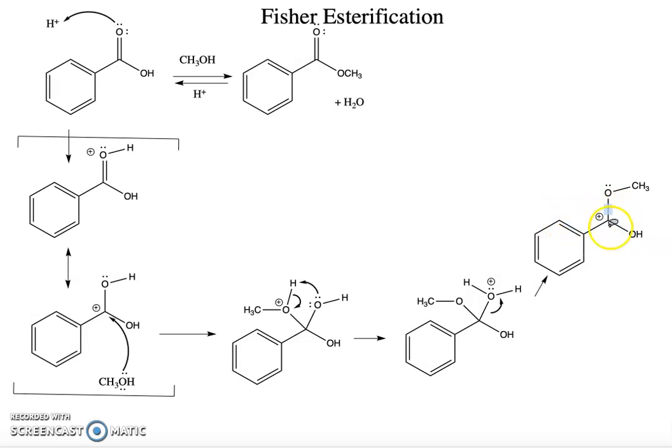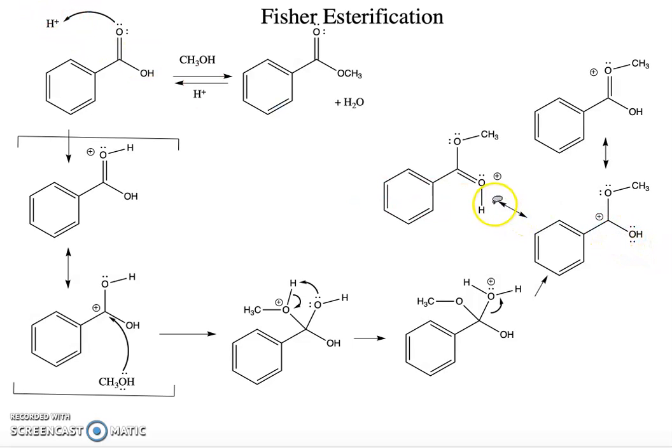Now this carbocation, I can draw a couple of resonance structures for it. The first one I'm going to draw has the electrons on the oxygen forming a double bond. More specifically, the electrons on the oxygen that has the methyl group on it. And for the second one, I'll use the pair of electrons on this oxygen to make the double bond. That would give us something like this, my 2 resonance structures.